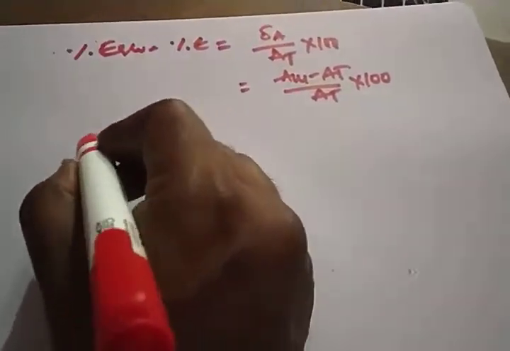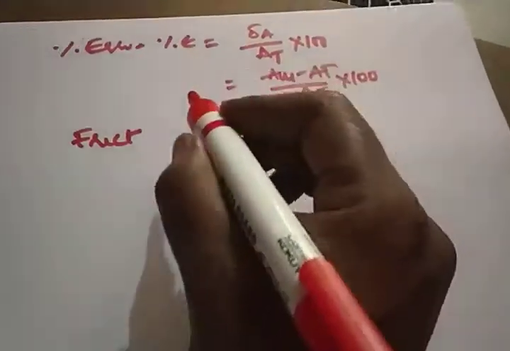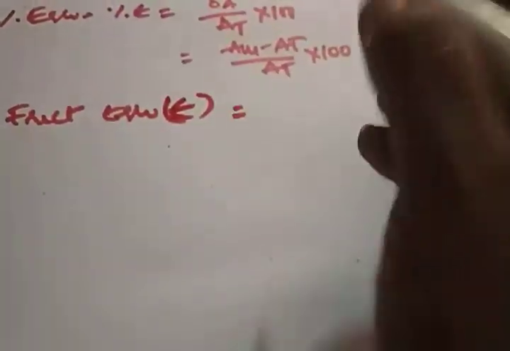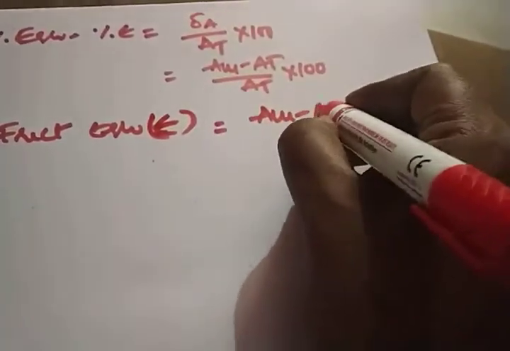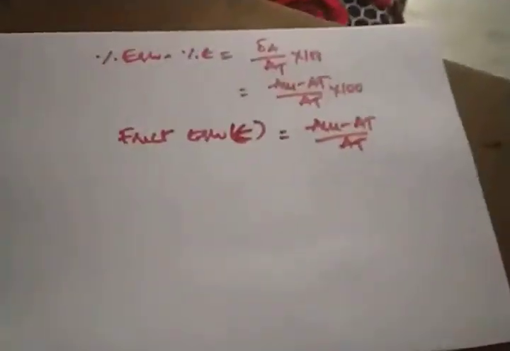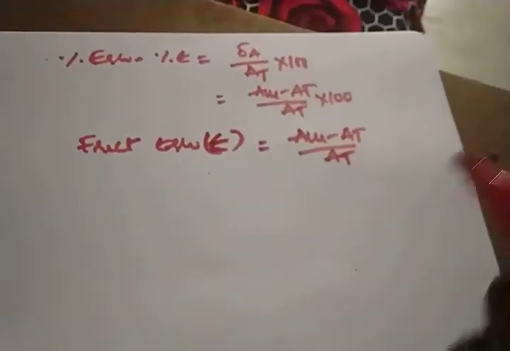What is a fractional error? For that, you are not using the percentage. It can be denoted by epsilon, which means (AM minus AT) by AT. In problems, you will be given epsilon and asked to find the measured value.